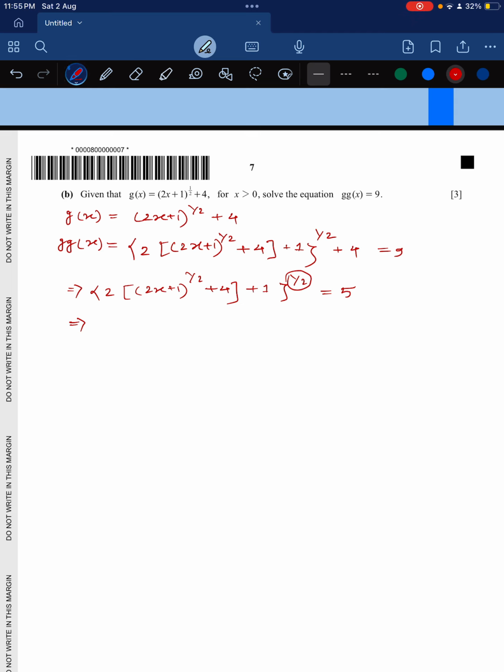The half, that is the square root, is over the whole thing, so we have to make a square.